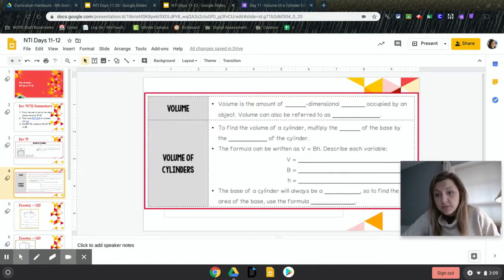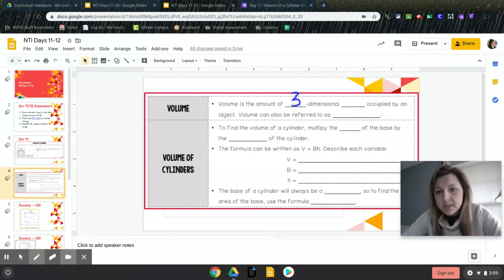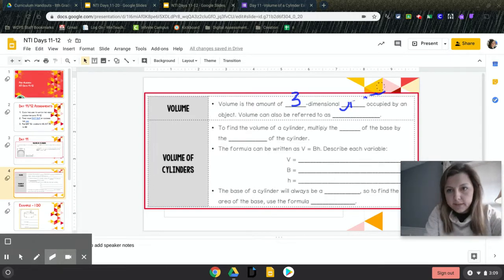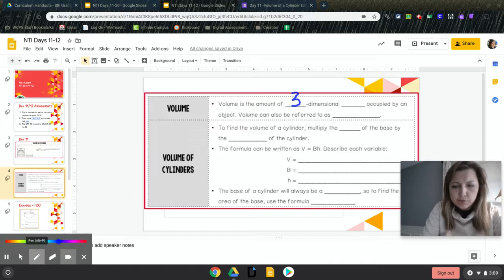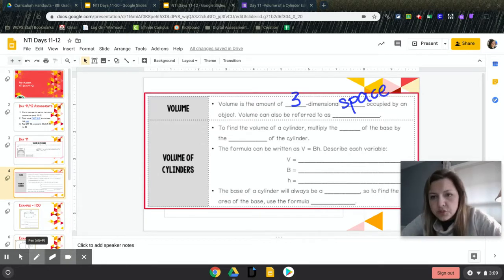So what is volume? It's probably been a while since you touched on volume in your math classes, so we're going to go through that real quick. Volume is the amount of 3-dimensional space occupied by an object.